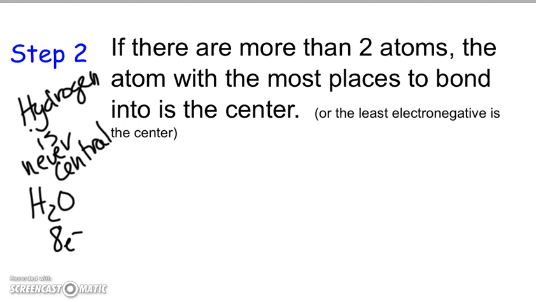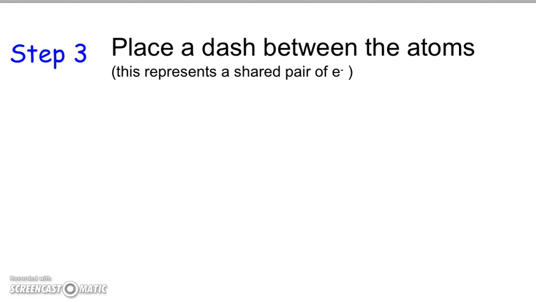I think oxygen has to be the central atom because oxygen has 6 valence electrons and can form 2 bonds. So if there are more than 2 atoms, the atom with the most places to bond into is the central atom. Then step 3 says that I'm going to place a dash between the atoms in my water molecule.